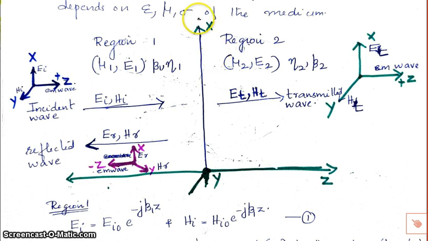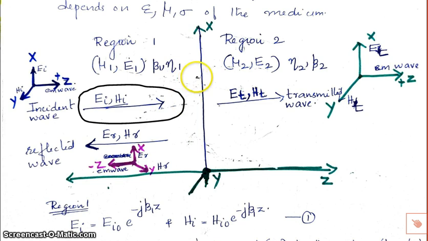Okay, and this xy plane is your boundary and this is your z axis, and you can see y drawn in this direction. Now here I have drawn an incident wave, whose electric field I have marked as Ei and magnetic field as Hi. That i represents the incident wave.